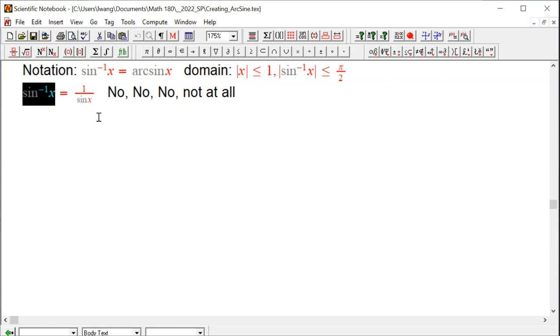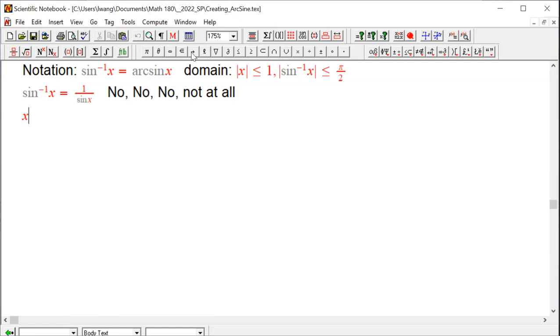The input for sine inverse or ArcSine, okay? So you see, I say sine inverse, right? ArcSine. I'm going to say ArcSine. I want you guys to read ArcSine for this way of writing, and I'm going to try to do that myself.